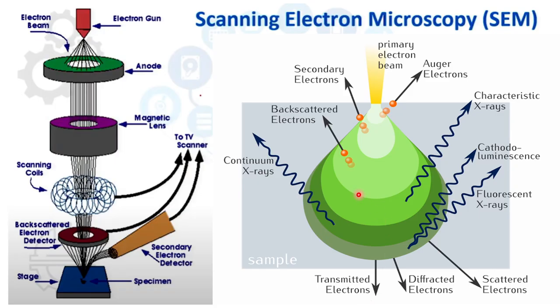All these electrons and X-rays are generated when the electron beam is interacting with your sample. Your sample is actually emitting all these types of electrons: backscatter electron, Auger electron, secondary electron, X-ray. So it depends on your sample only.